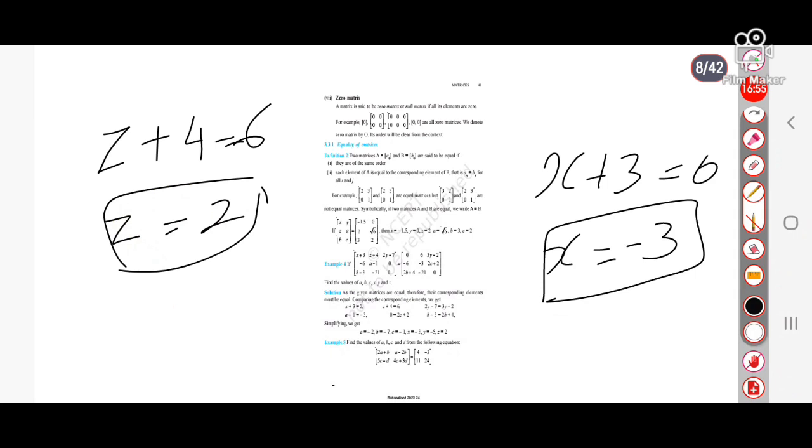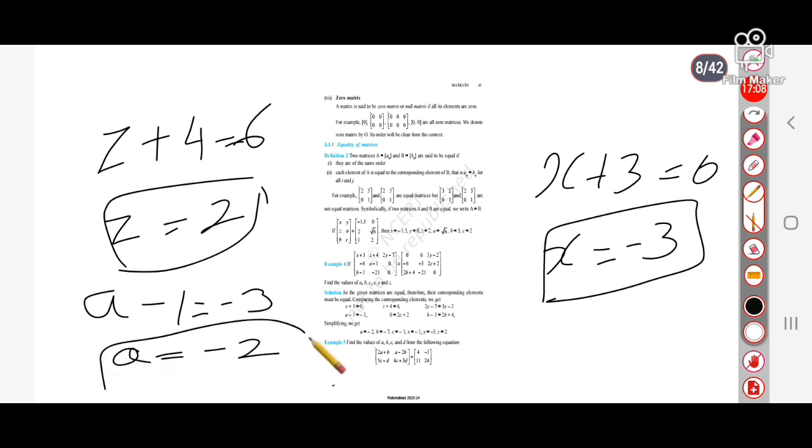Such simple questions. Then a minus 1 equals minus 3, so a is minus 2. Then b minus 3.